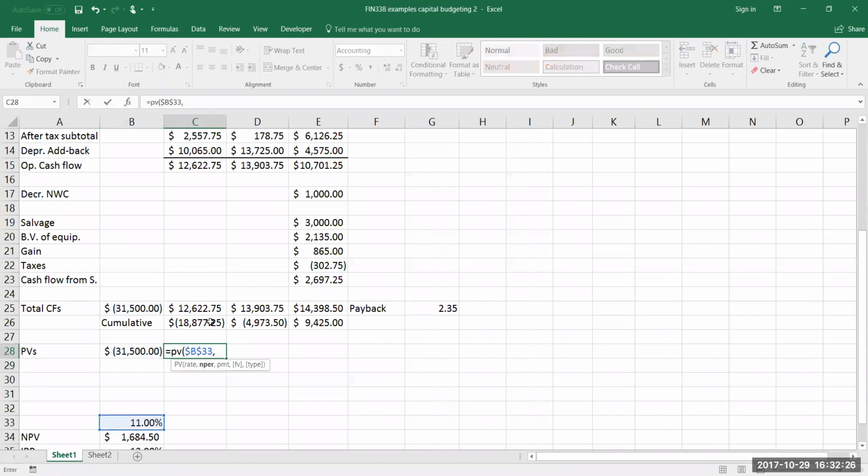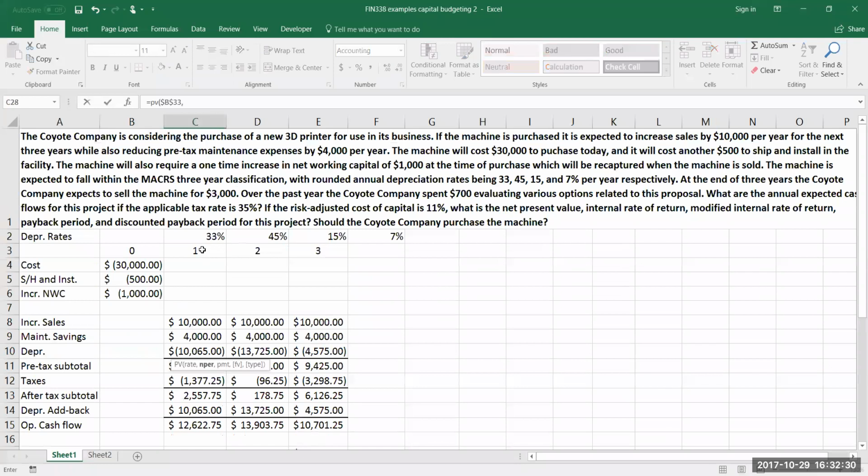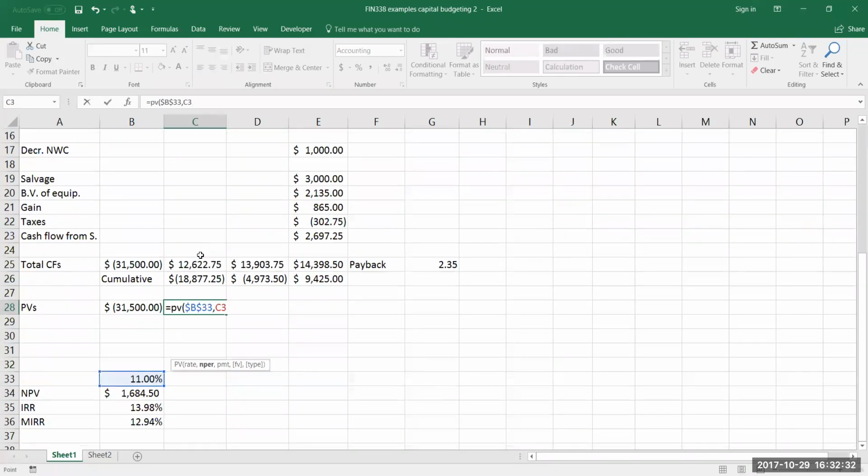Now the number of periods I need to bring this back to get it to the present is actually the same as the number of years, because this is the 1st year. So I will connect it to that number of years. Payment would be if I had an annuity, which I do not have. Future value would be this number right here, okay?